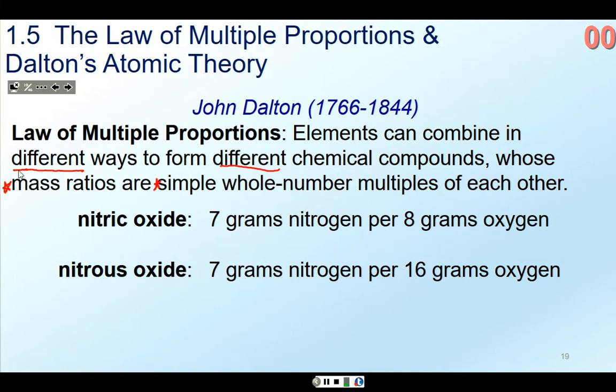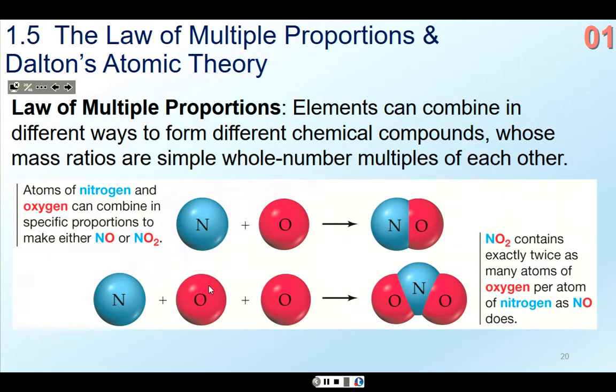In these examples, we have different proportions. 7 grams of nitrogen combines with 8 grams of oxygen in nitric oxide. In its cousin compound, it's 7 grams of nitrogen with 16 grams of oxygen. How does that work? Well, nitric oxide is NO, and it has only 1 oxygen with each nitrogen.